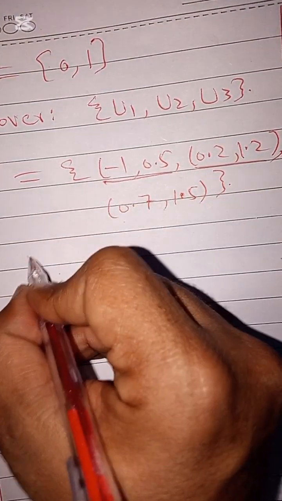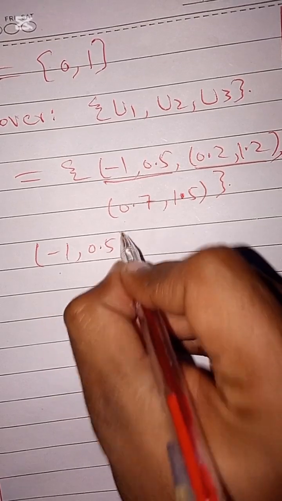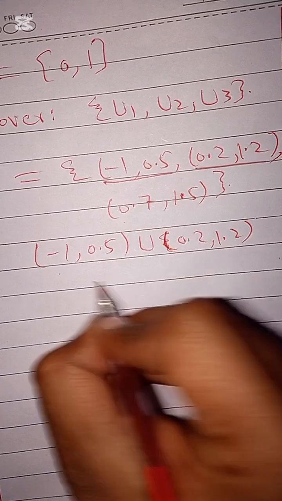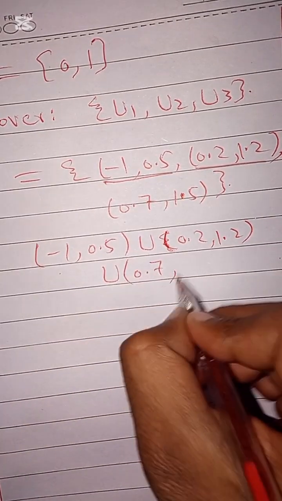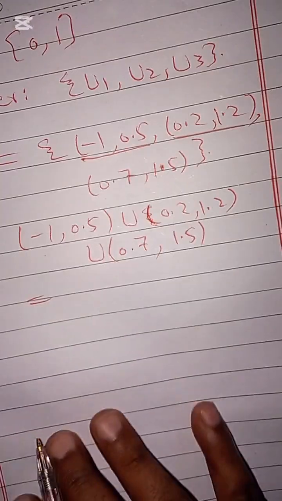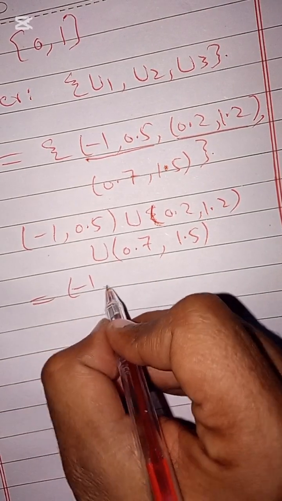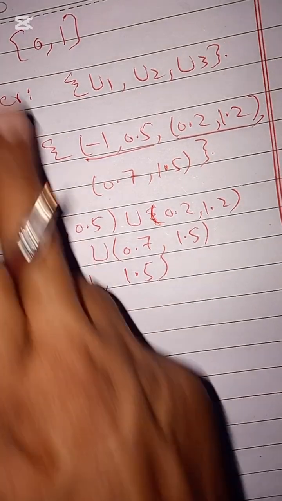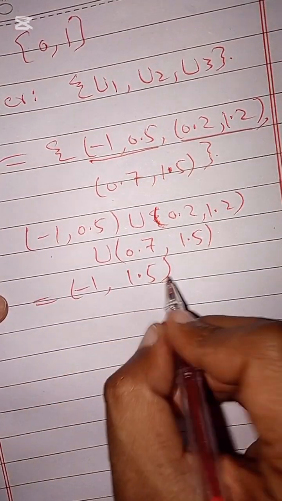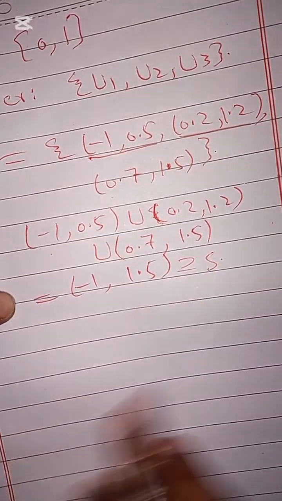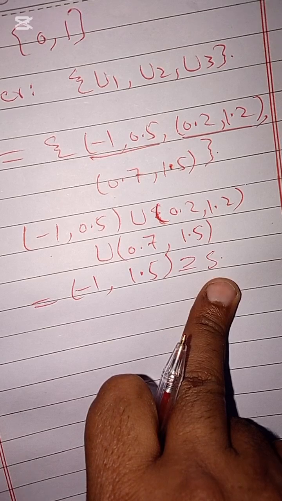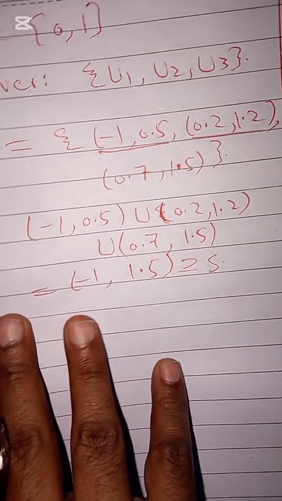If you take their union, we get -1 to 0.5 union 0.2 to 1.2 union 0.7 to 1.5, which is -1 comma 1.5. Does it contain S? Yes, it contains it, so it is a superset of S. This means that these are a cover of S because they satisfy both conditions of a cover.